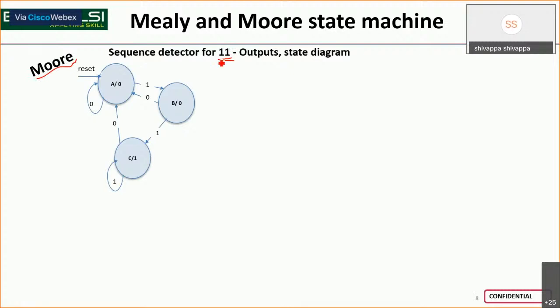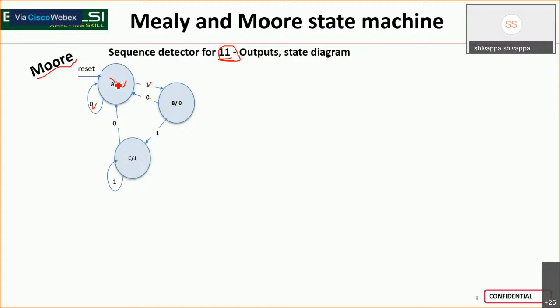If you want to detect 1, 1, you need a minimum of 3 states. This is how we represent it: this is the state, this is the output, and these are inputs.